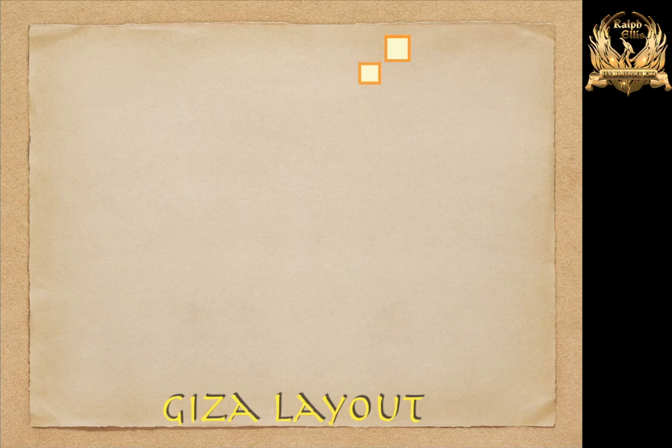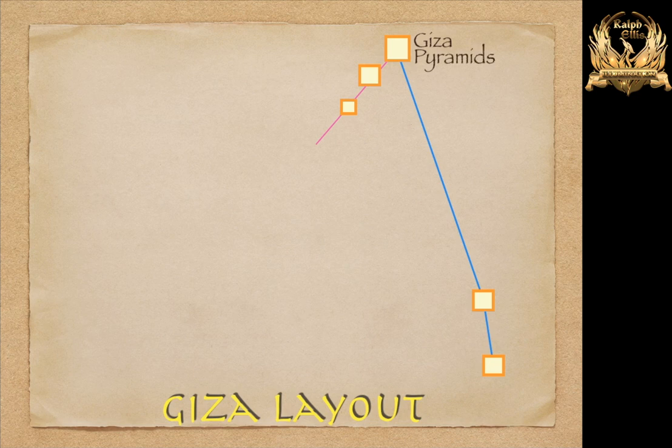And here is one method we can do this via the layout of the pyramids. So what are we looking at here? Well, you can probably recognize this, but let's put some names onto these little structures here. Here at the top we have the Giza pyramids, and then we have the Red Pyramid and the Bent Pyramid.